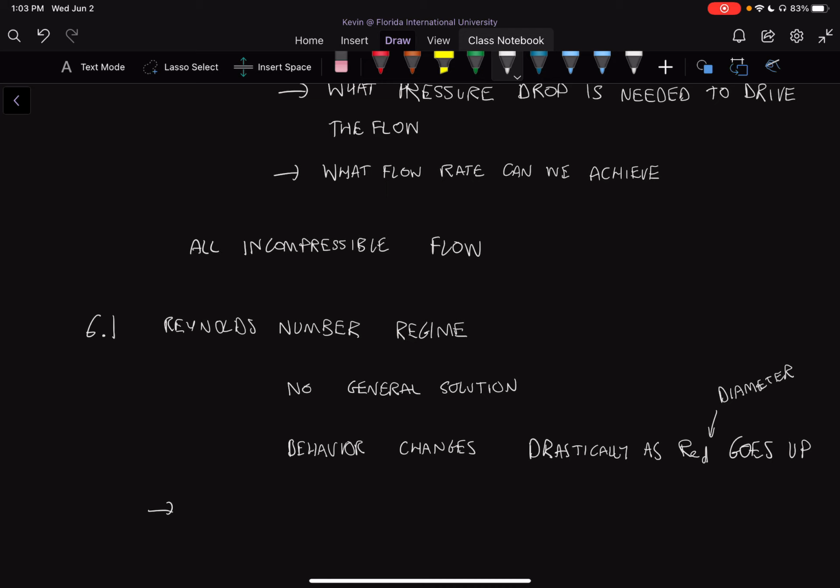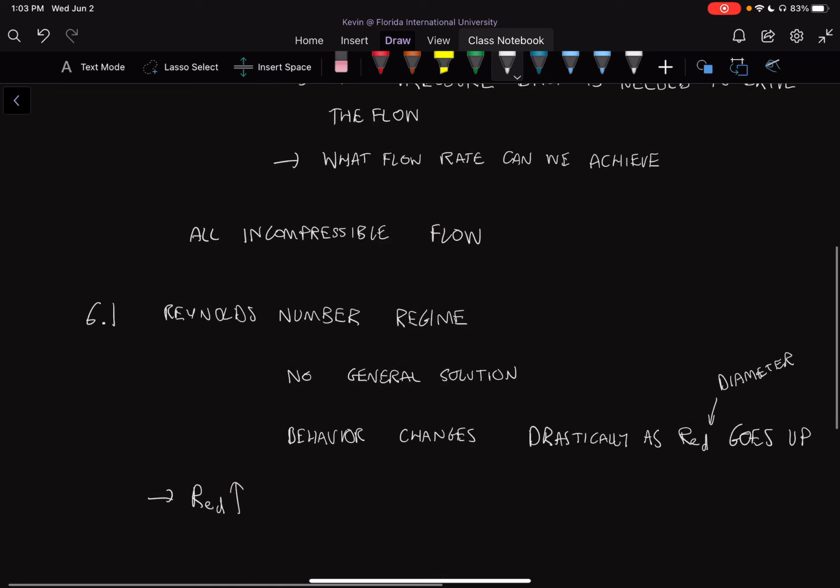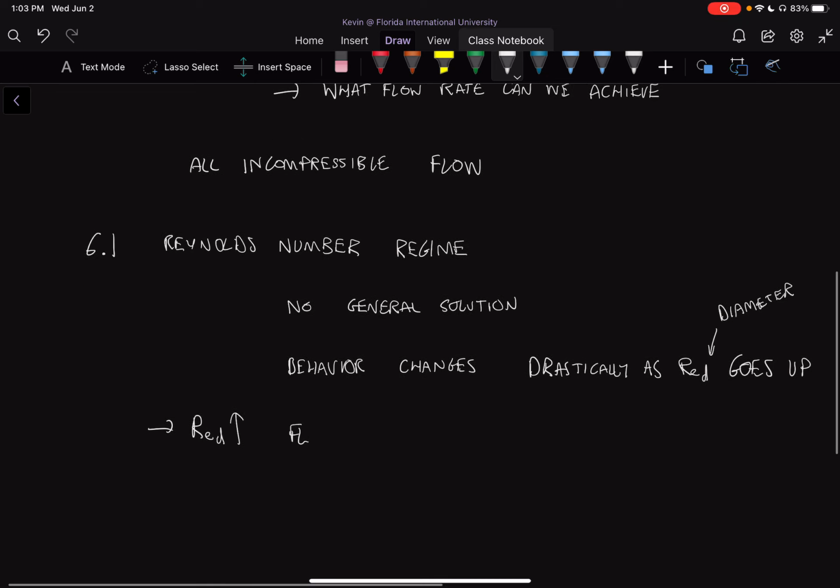Okay, so we can say that because this behavior changes, essentially what we have is as Reynolds goes up, so if Reynolds goes up, what happens is our flow ceases to be smooth, and in our class we call smooth laminar, and becomes turbulent.